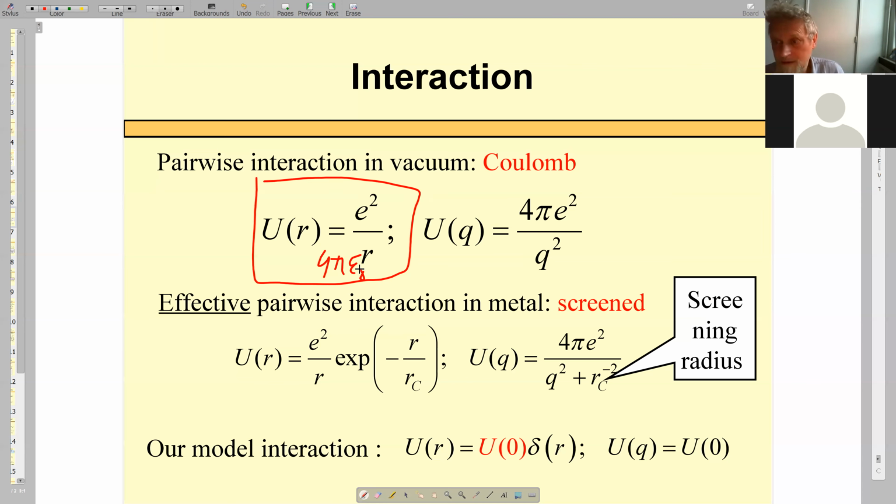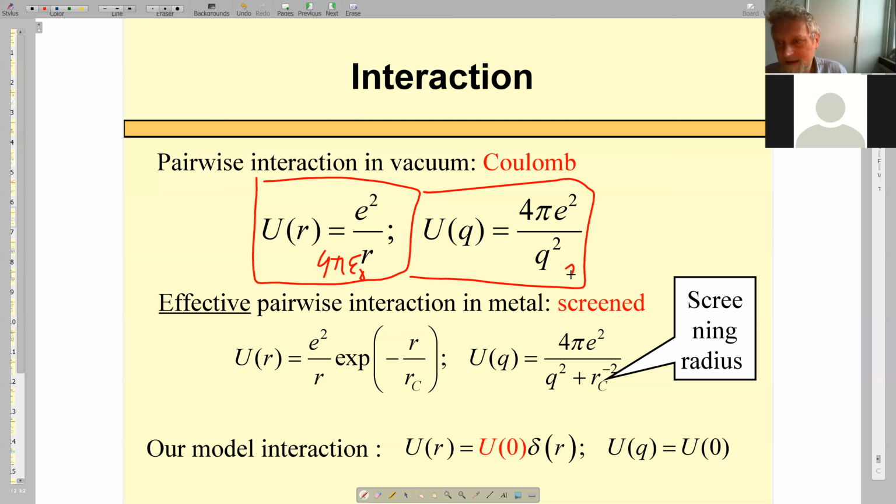So we have to find the Fourier components of this potential. As you see, it diverges at small q as 1 over q squared. What does it mean? It means that the potential is a long-range potential.